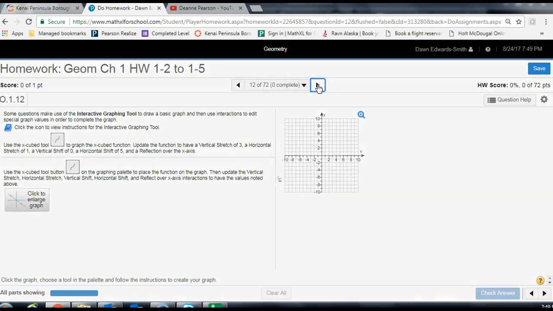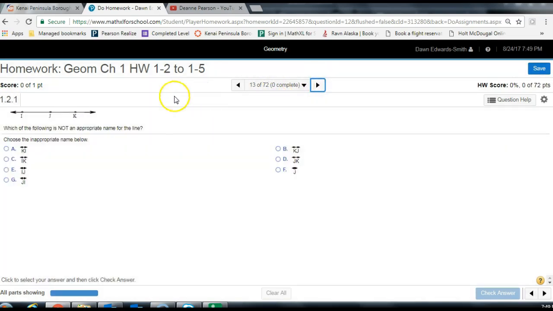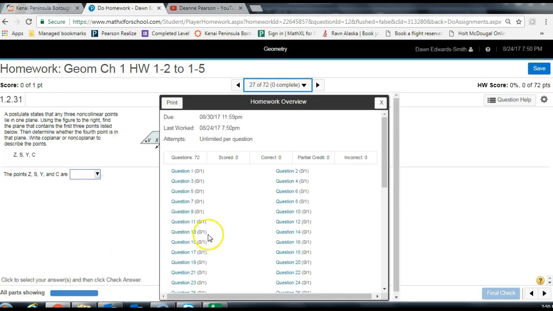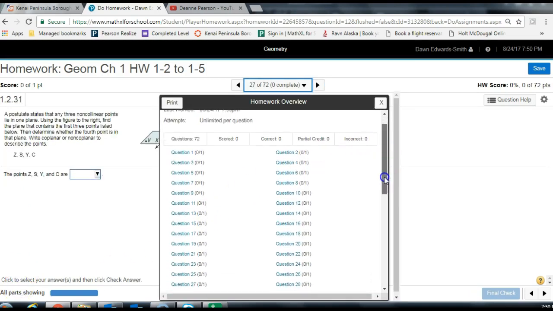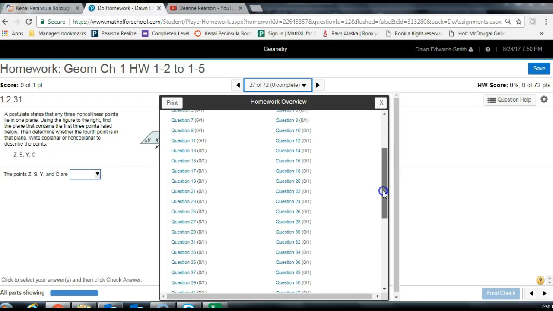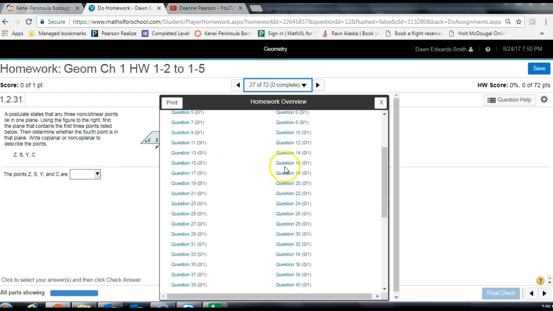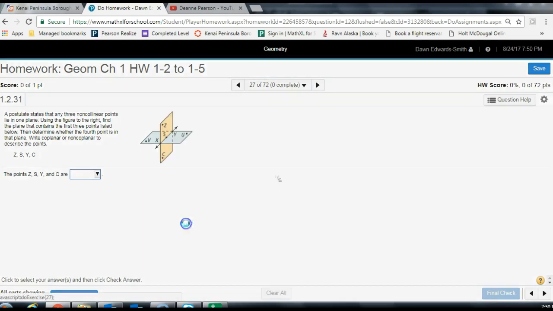If we go to the next problem, problem 13, we are at 1.2. That means we're in the second section, and that's where your homework starts. And if you go on down to, so you started at 13, you will answer your questions, keep clicking through until you go to problem 27.